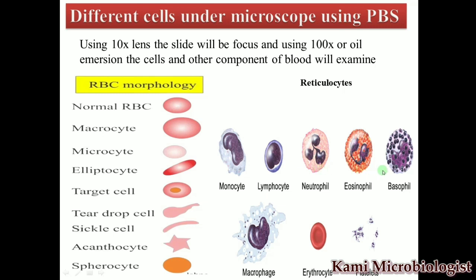Now these three cells, neutrophil, eosinophil and basophil, are called granulocytes because they contain granules, which contain different types of chemicals like histamine, like bradykinin, each and everything. Remember guys, the neutrophil mostly contains a three-lobed nucleus, and it contains granules.